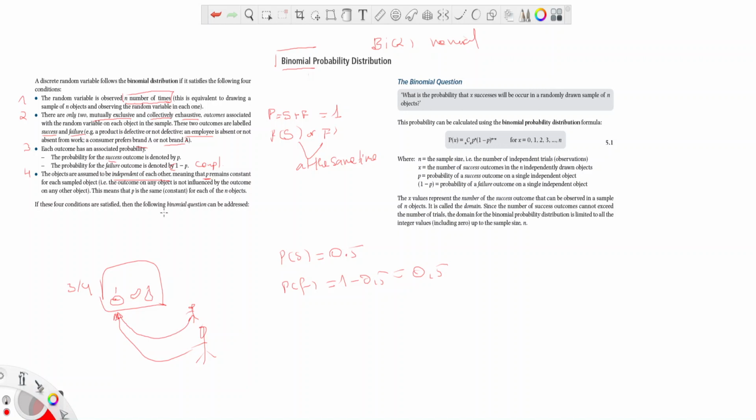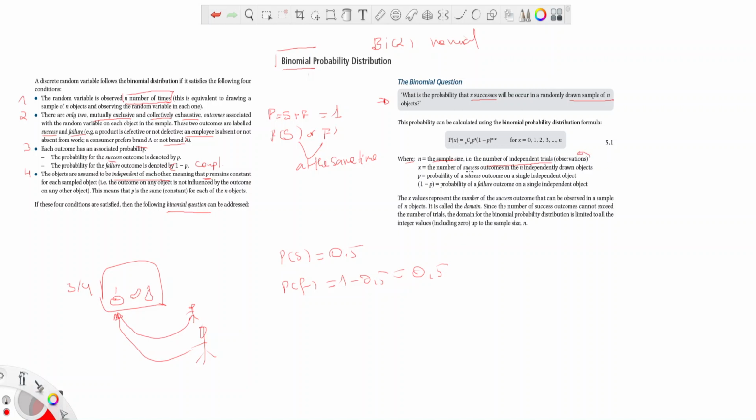Once all these 4 conditions are satisfied, that's when one can choose to ask or address the binomial question. And what is your binomial question here? Your binomial question is, what is the probability that X successes will occur in a randomly drawn sample of n objects? And of course, once you ask that question, you can easily work out the formula where n is going to be your sample size, which is the number of independent trials that you have observed, right?